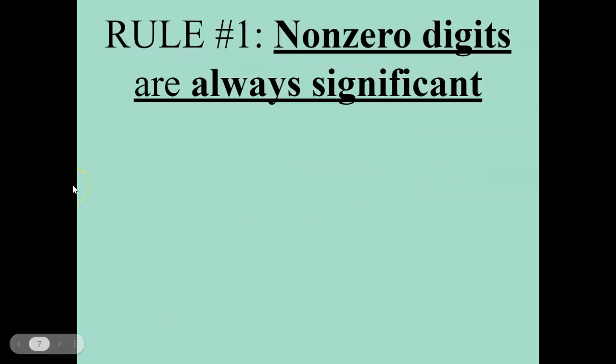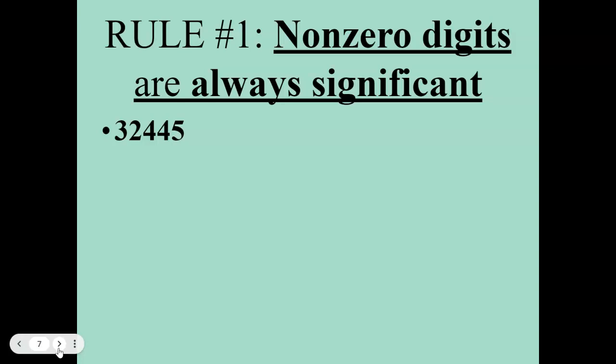So there are some rules we're going to follow in order to figure out the number of Sig Figs in a particular value, okay? So the first rule, non-zero digits are always significant. So if you have a digit in a value that is not 0, anything other than 0, it's always going to be significant. So let's take a look at some examples. Here we have 32,445.